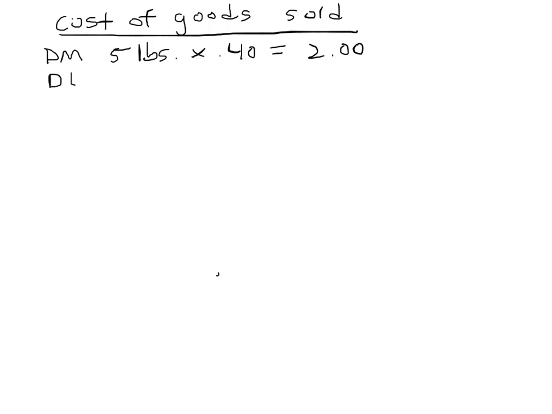The direct labor, it takes 0.05 hours, which is 3 minutes, times $10 an hour is what we're paying our labor. So that's 50 cents. Okay, now we've got to do overhead.